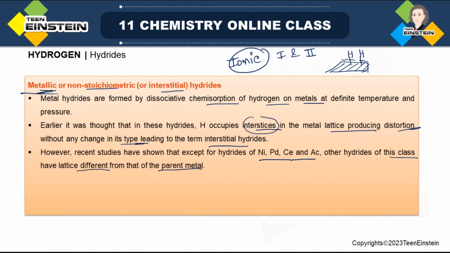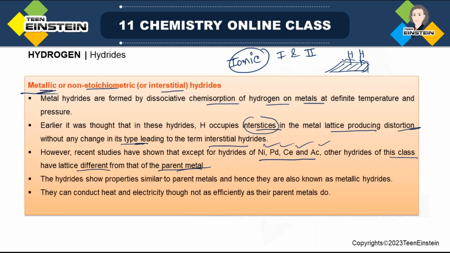So the earlier concept was that in the metal crystal there are some interstices where hydrogens are present, and that is why there is similarity in properties with the metals itself. But actually that is not the case, though there are some exceptions. Nickel, palladium, cerium, actinium, other hydrides of this class, that is non-stoichiometric hydrides, have a lattice which is completely different from their parent metal.